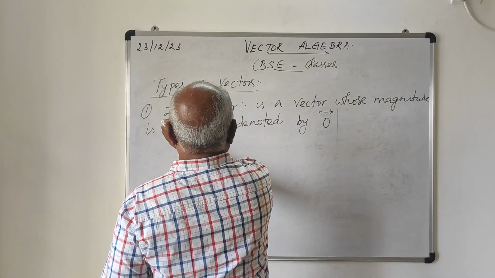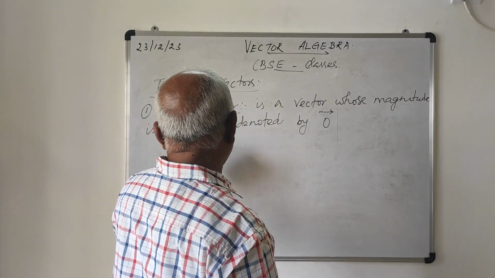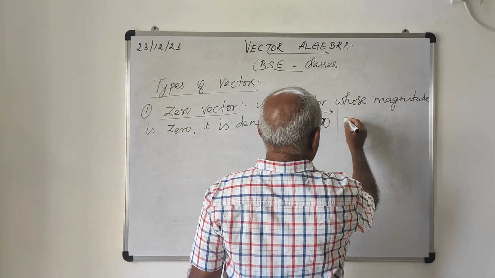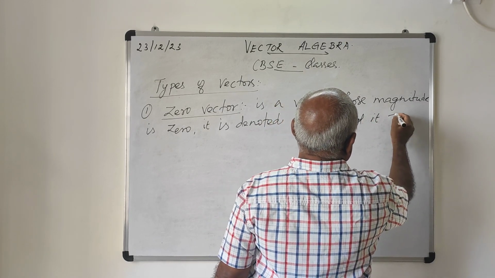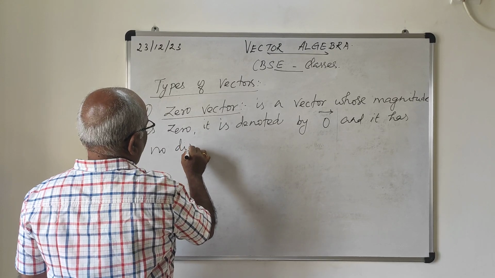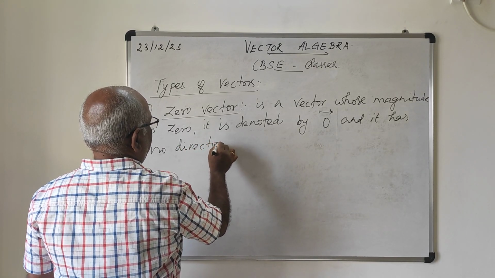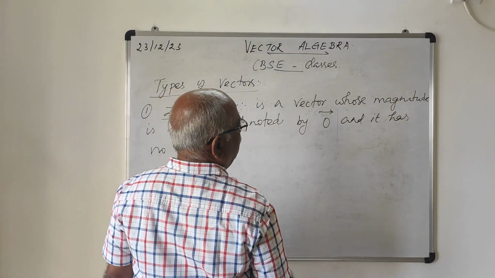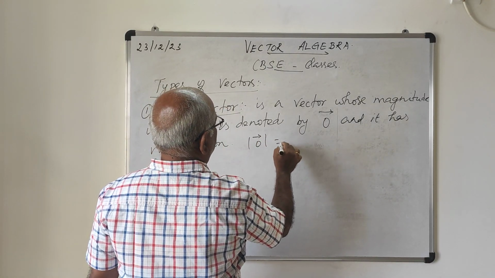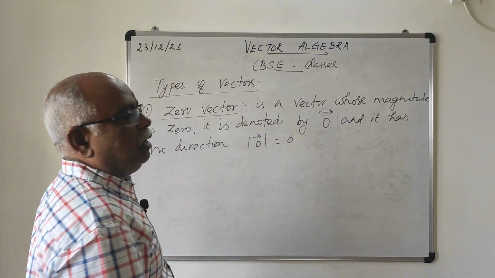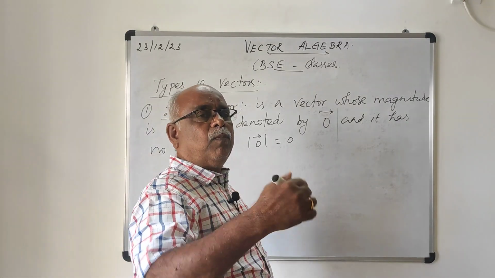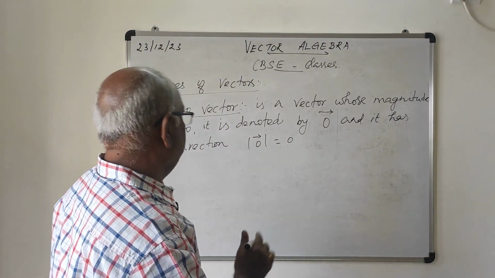Zero vector is a vector whose magnitude is zero. It is denoted by zero vector, and it has no direction. Zero vector has no direction. And modulus of the zero vector is zero. And also we can say the initial and terminal points of a zero vector are the same.